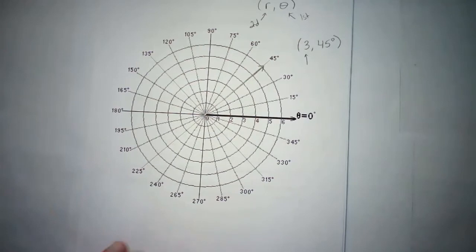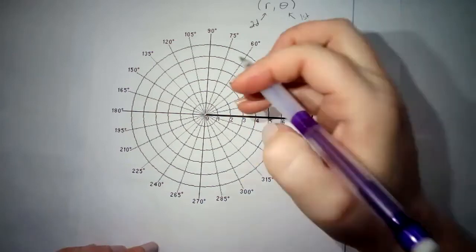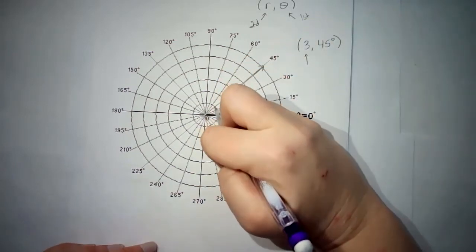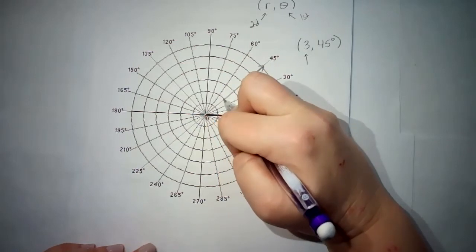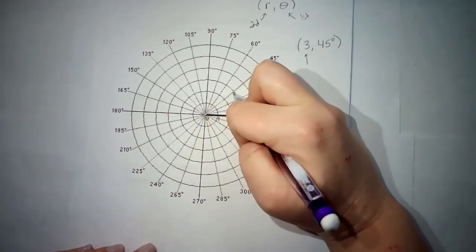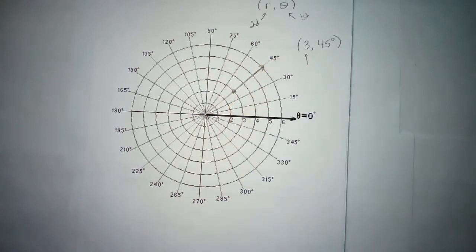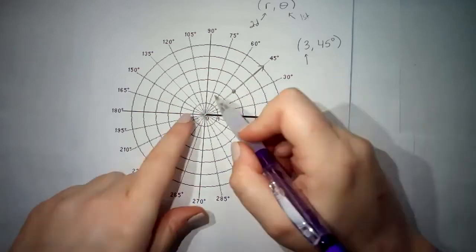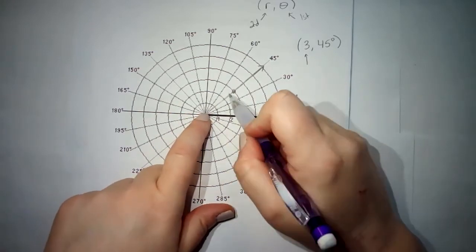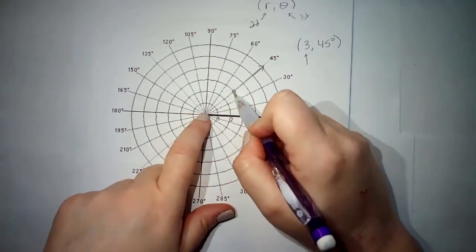Then this tells you the radius or how many circle hops you're going to go out to put your point. So this would be 1, this would be 2, this would be 3. You're just going to hop out that many circles, and there's your point that you graphed in polar world. Does that make sense? So you're going to go to your theta, and then you're going to hop out that number of circles, because this would be a circle of radius 3.